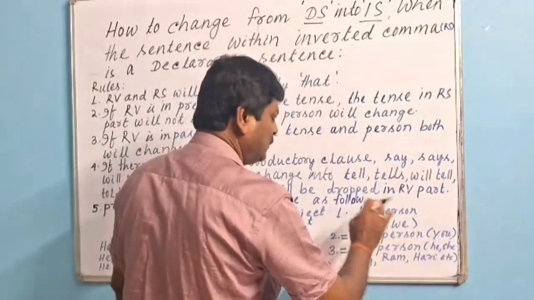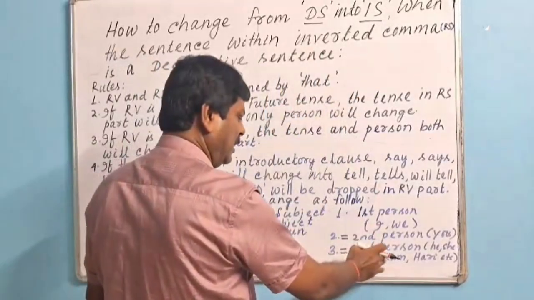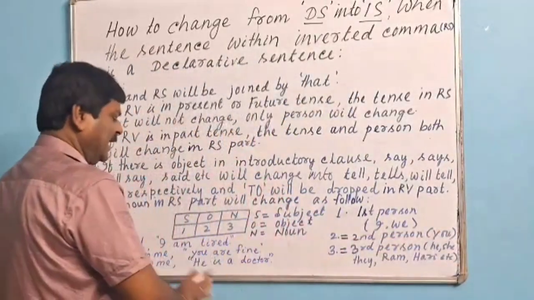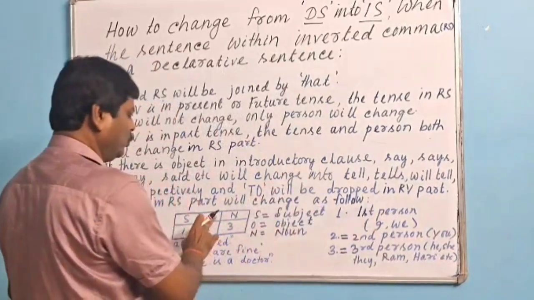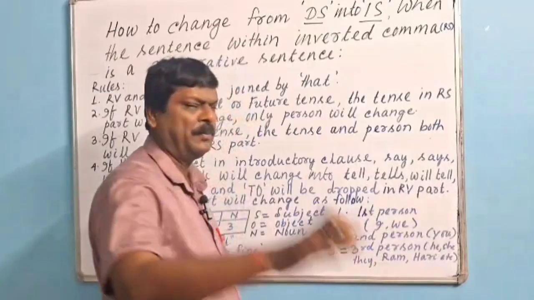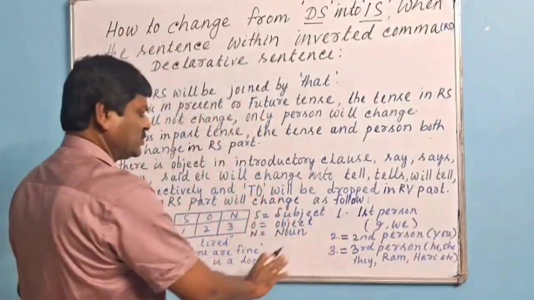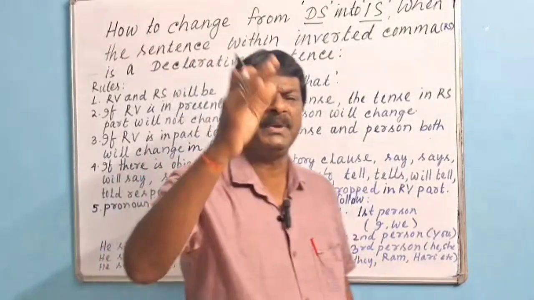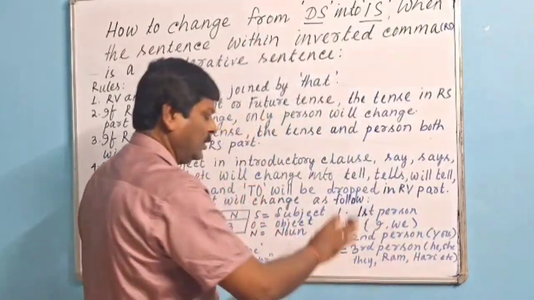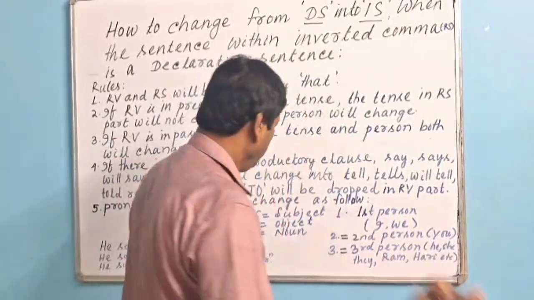And if the subject of the RS part is you, second person, then that will change according to object of introductory part. And if the subject of RS part is third person, then no change. The pronoun will remain as pronoun and noun will remain as noun. No change.